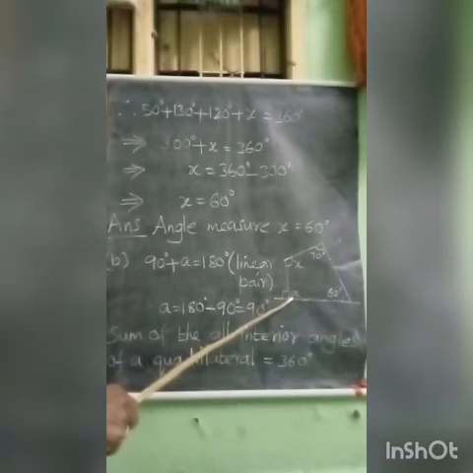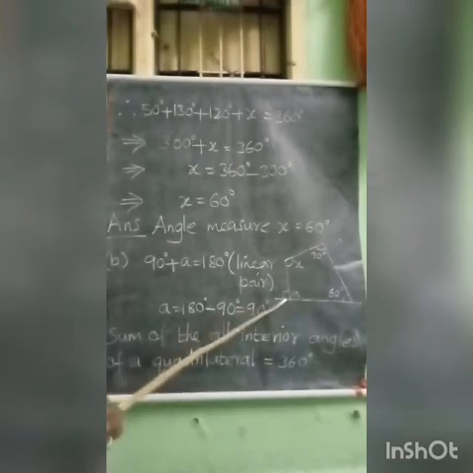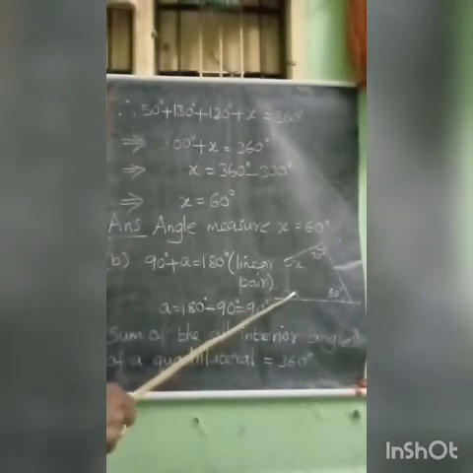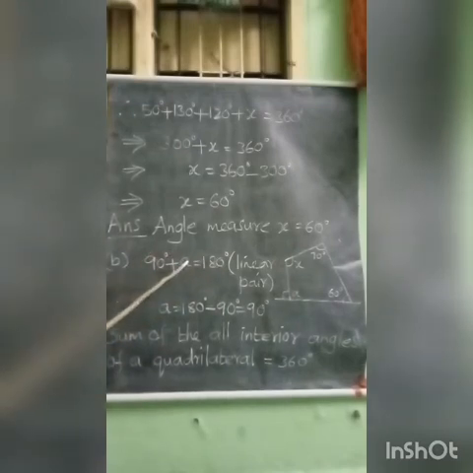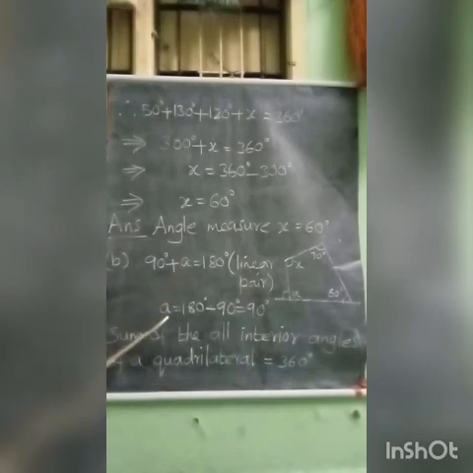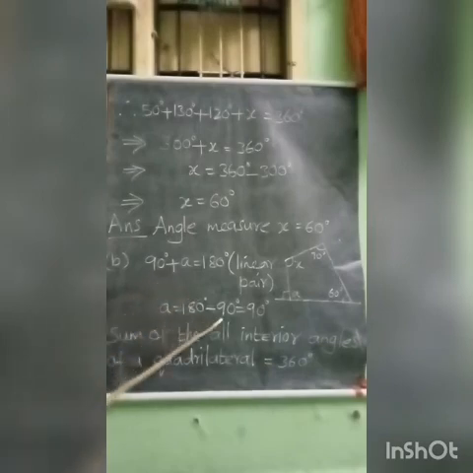Supplementary means the sum of the two angles is 180 degrees. Therefore, 90 plus A equals 180 degrees. From that, A equals 180 minus 90, which equals 90 degrees.